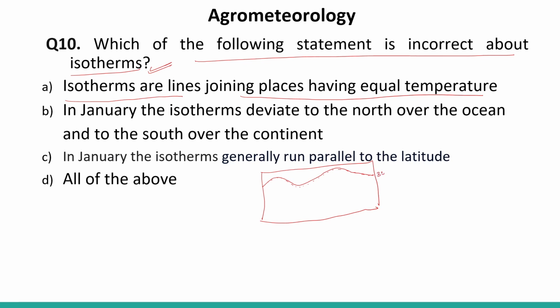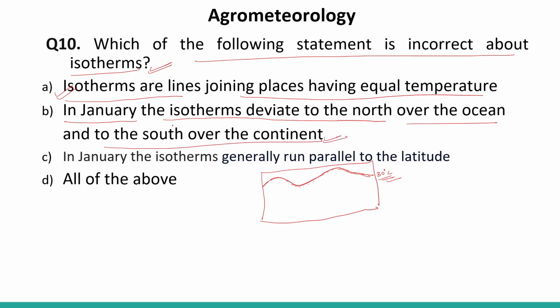Suppose this is 30 degrees centigrade. These regions on the earth have a temperature of 30 degrees centigrade. That is called an isotherm. In January, the isotherms deviate to the north over the ocean and to the south over the continent.